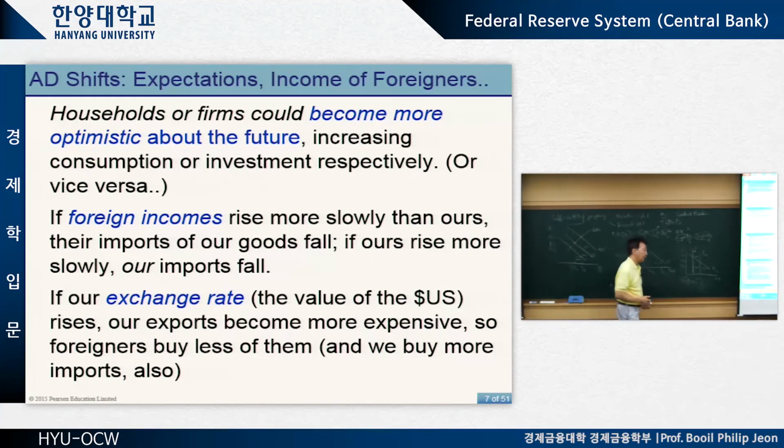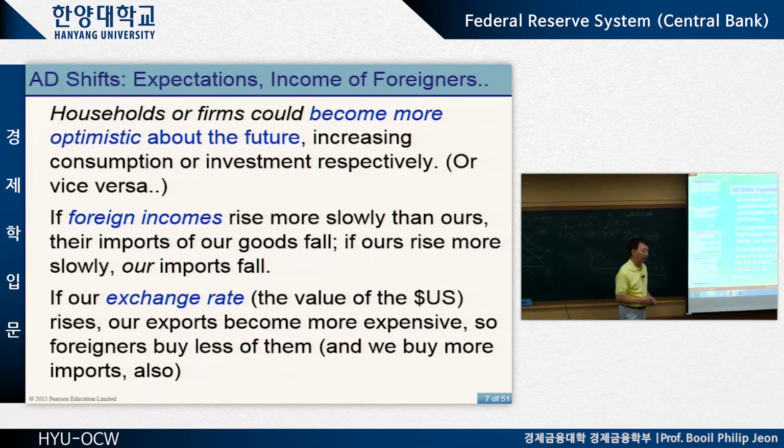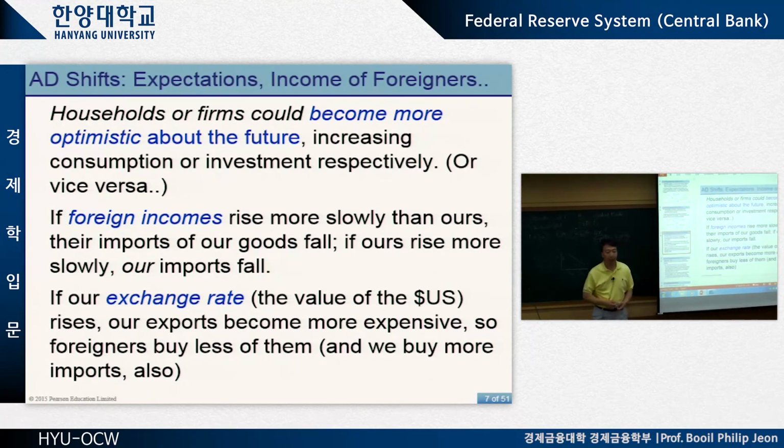That means if people think the economy is going to improve, then even if there was absolutely no reason for the improvement, the economy will get better just because people expect it that way.